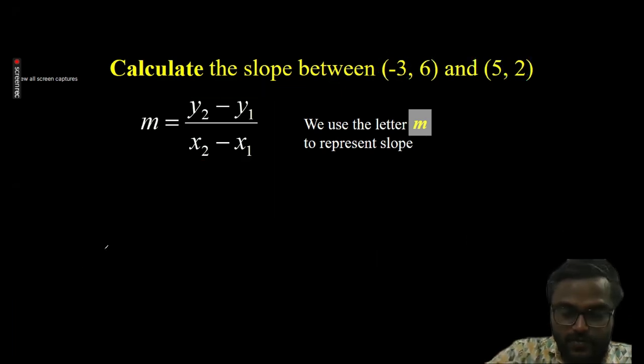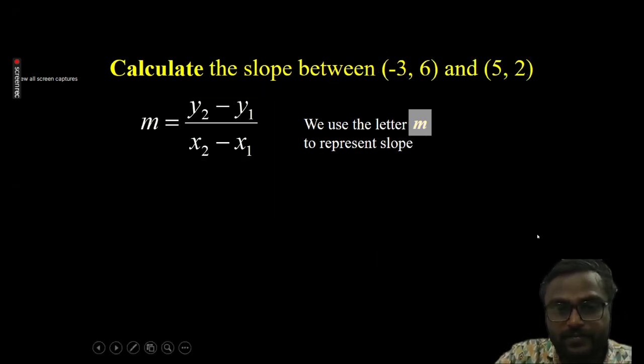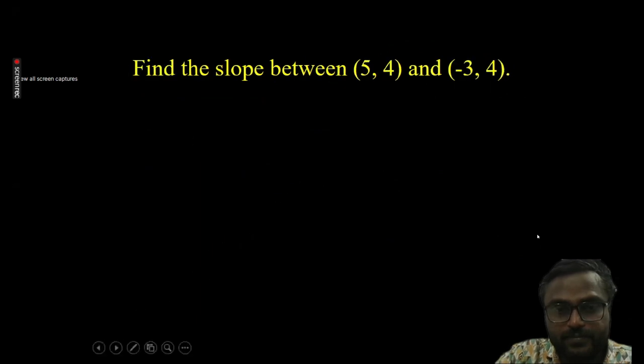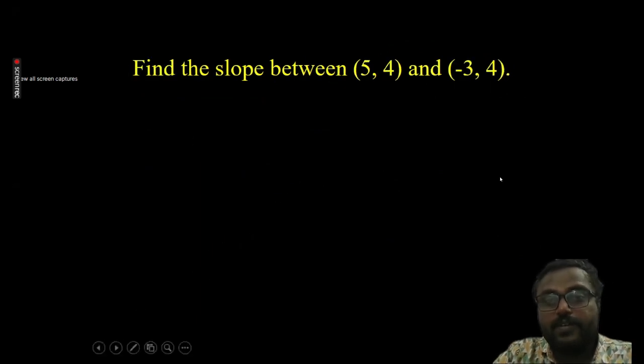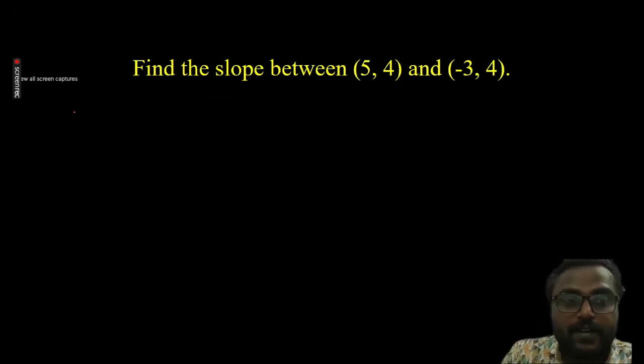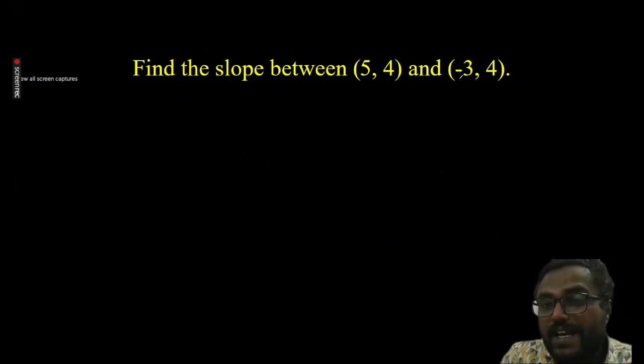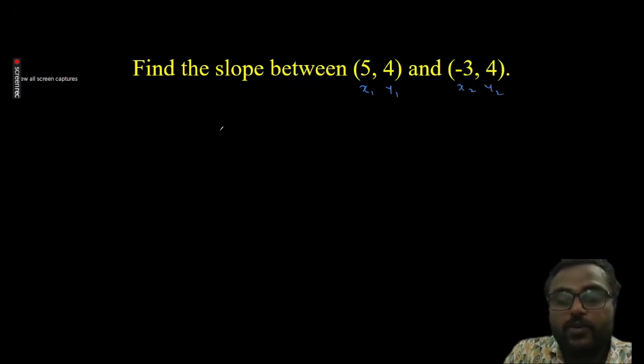I'm going to solve the next question, which is to find the slope between, sorry, it's 5 comma 4 and negative 3 comma 4. So the first thing, rename them x1, y1, x2, y2.